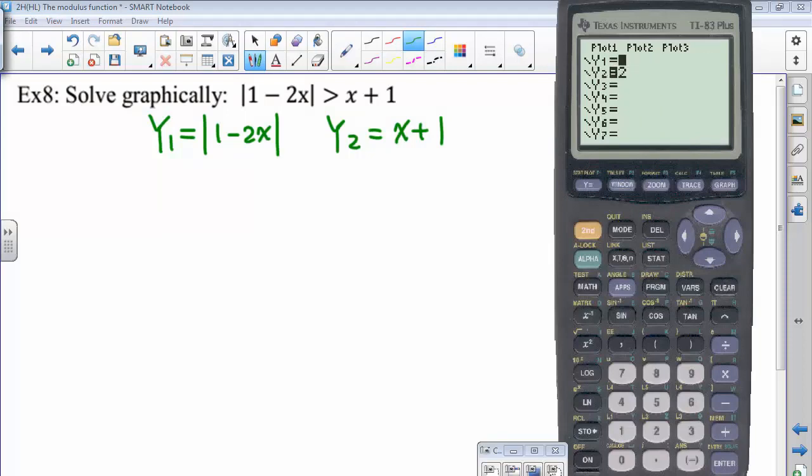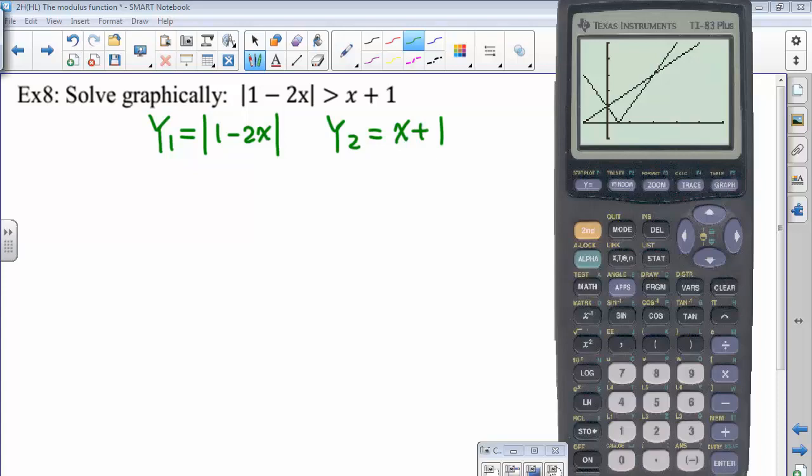Of course, you can clear the first one and clear the second one and leave the space to put these 2 new functions in. So the first one is absolute value of 1 minus 2x. And the second one is x plus 1. So let's graph. I can see both of these 2 functions fairly clearly in the window setting. So that means I don't need to change any values in the window setting.